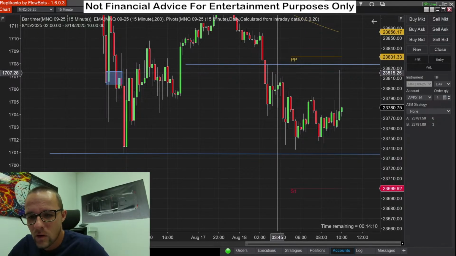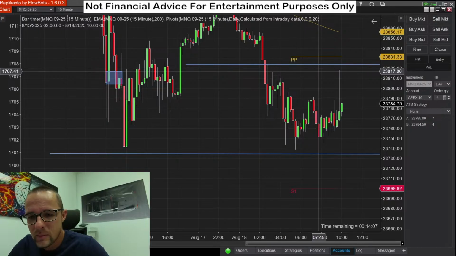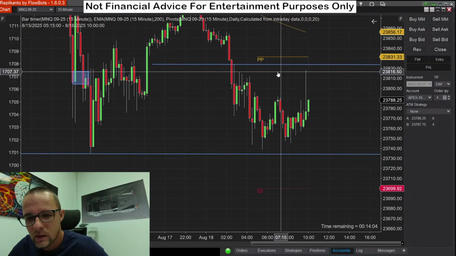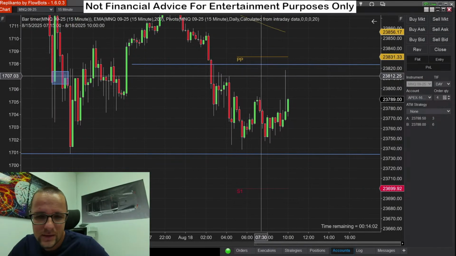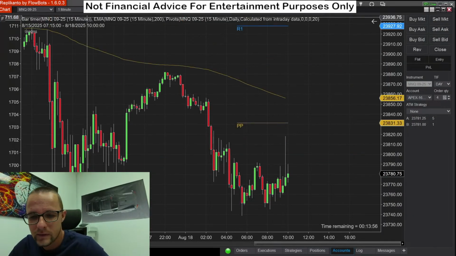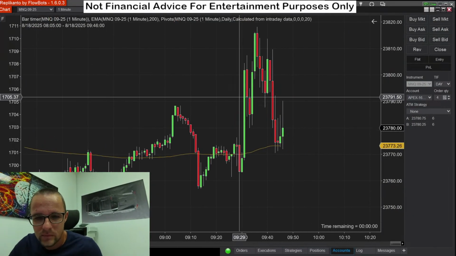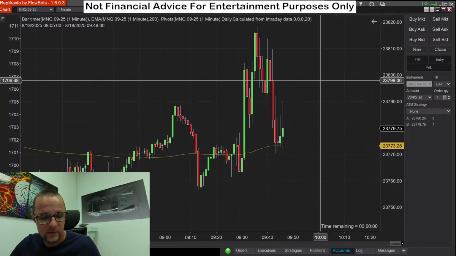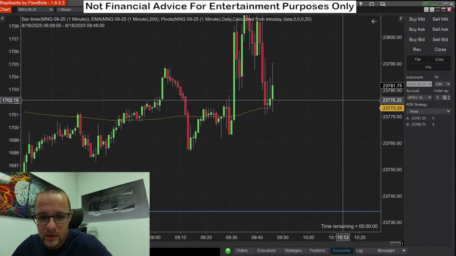So it took out all these wicks and then dumped. As you could see, it perfectly took them out and then dumped. But man, I wanted it to take out that last wick before it dumped. Didn't get that. We did have a gap that got inversed right there, so man, it is what it is.